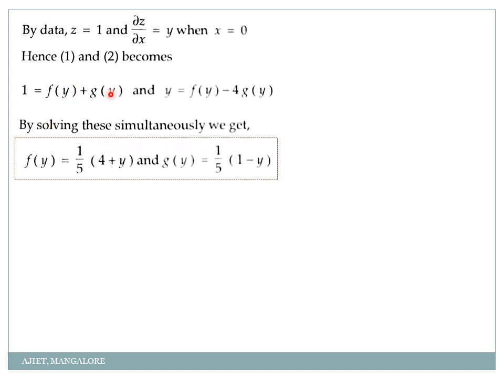So as I said, I subtracted. When I subtract this, f(y) will get cancelled. 1 − y = g(y) + 4g(y).